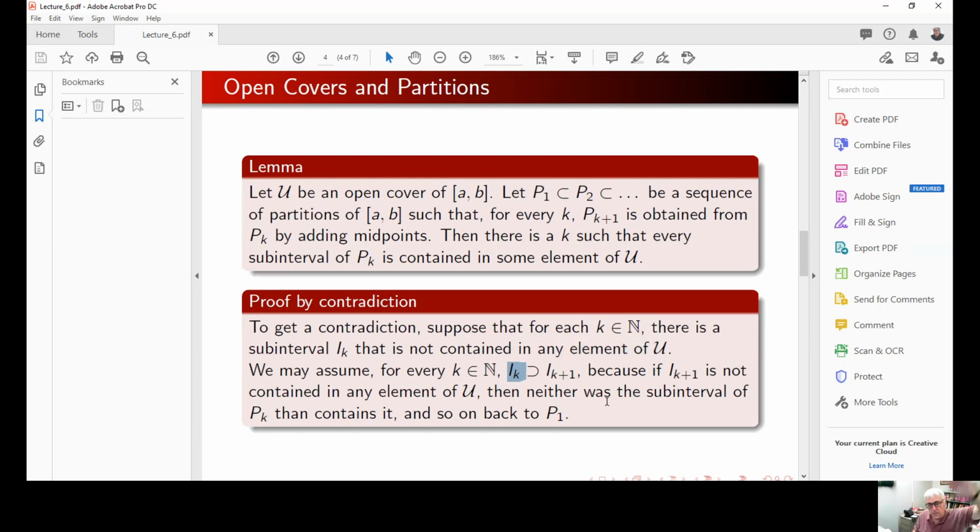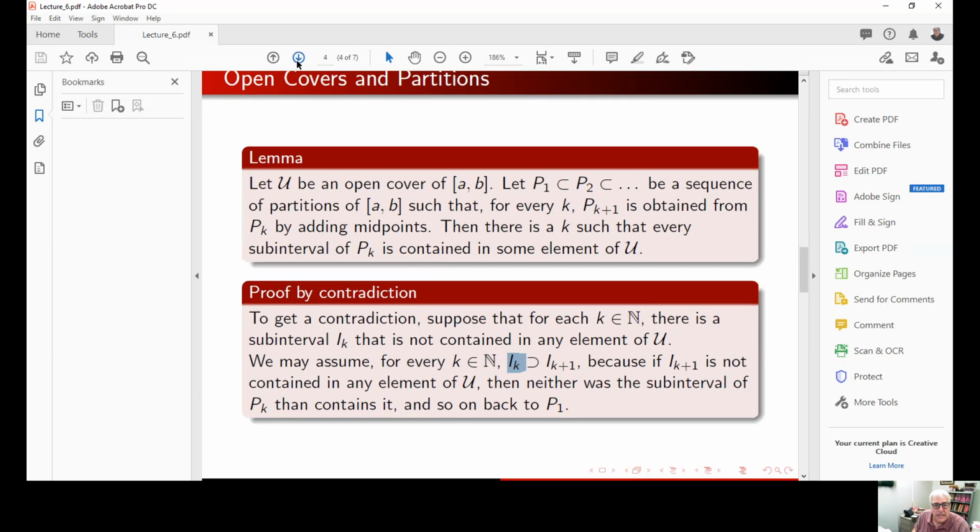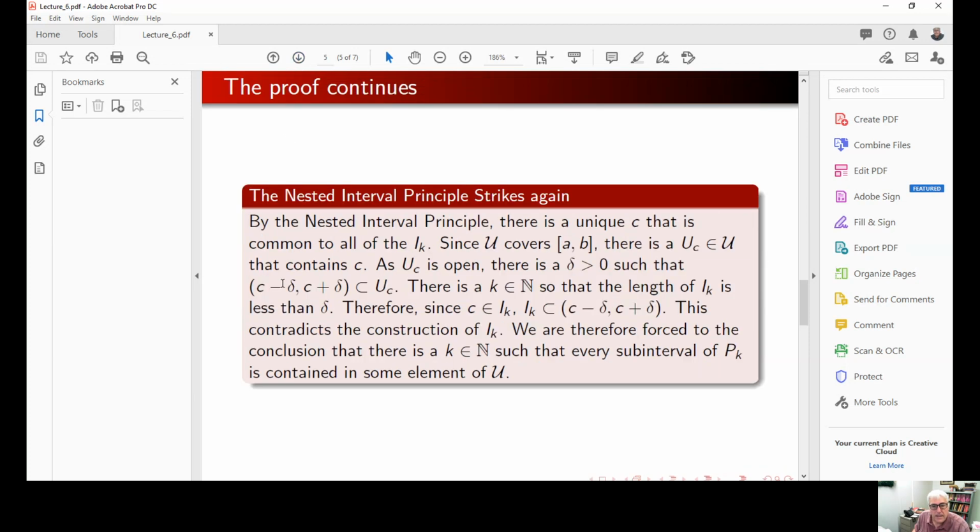So we can assume we've got this set of intervals going all the way up, and none of them are contained in anything. Given this, we have, let's say, nested intervals. And so this means we can apply the nested interval principle. By the nested interval principle, there is a unique point C that is contained in all of these I sub k.